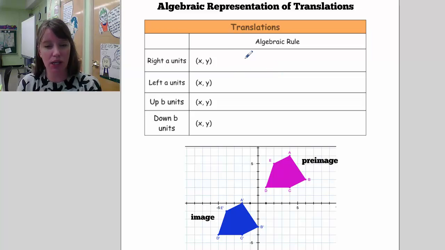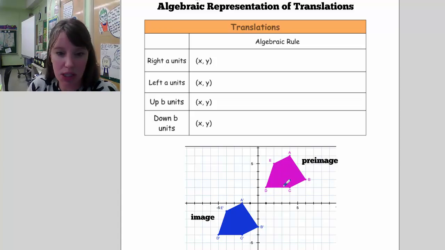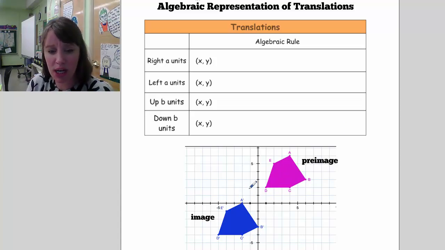So here is what it looks like using symbols. Let's say that I have a translation. This was the pre-image, which is this purple image, and it's been translated to become this blue image. I know it's been translated and not, for instance, reflected, because the orientation has remained the same between the purple and the blue.